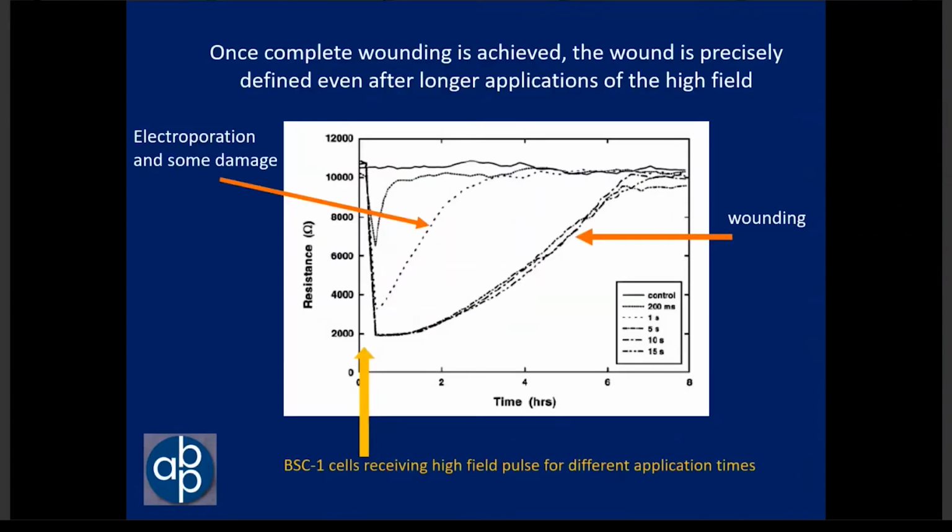The beauty of this measurement is shown in this slide because this very precisely defined wound is extremely easy to achieve. Here we have, again, several confluent wells at time 0. These are BSC1 cells.